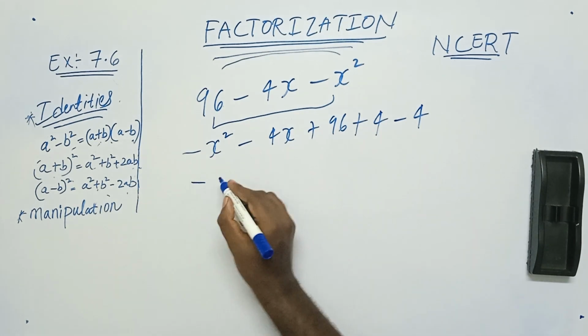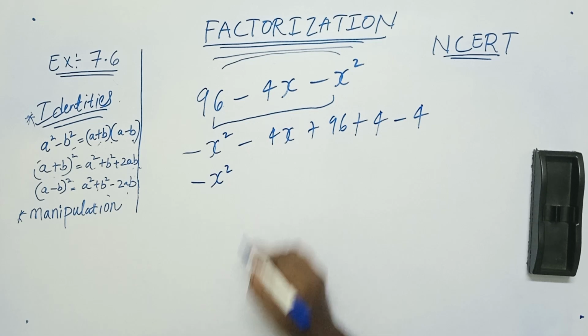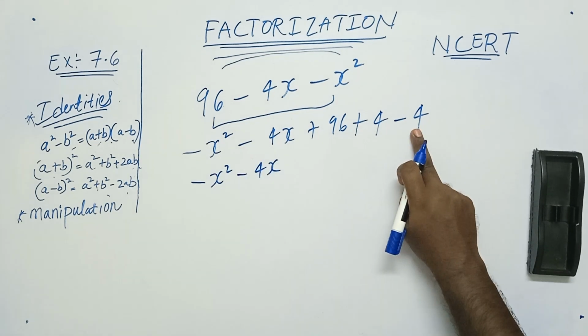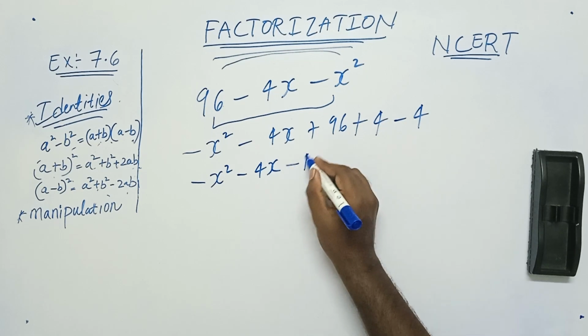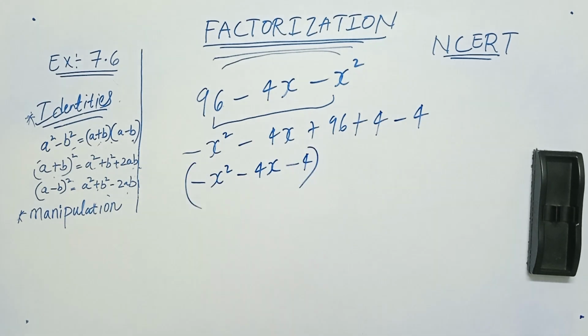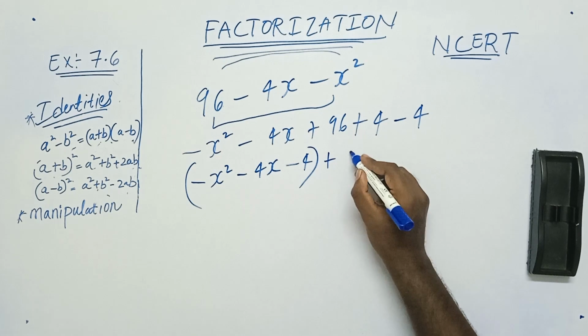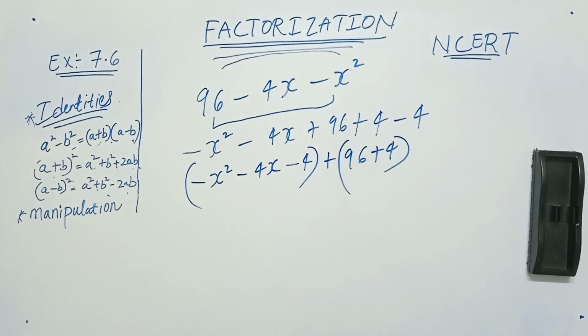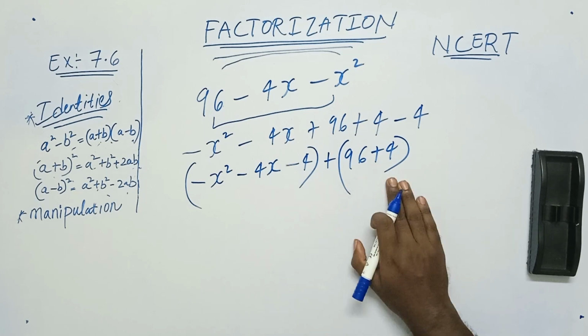If I group minus x squared minus 4x, and take this minus 4 over here, it becomes one group, and another group is 96 plus 4. So now we got two groups.